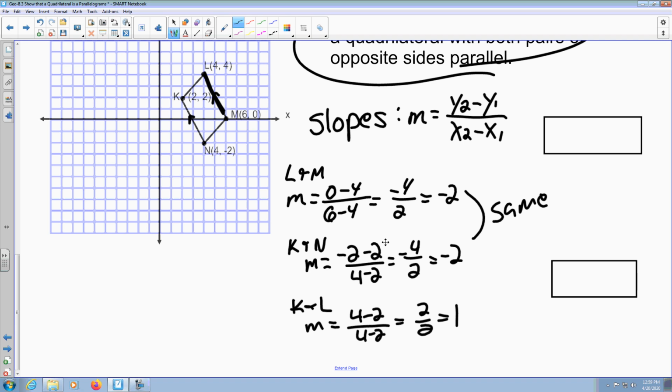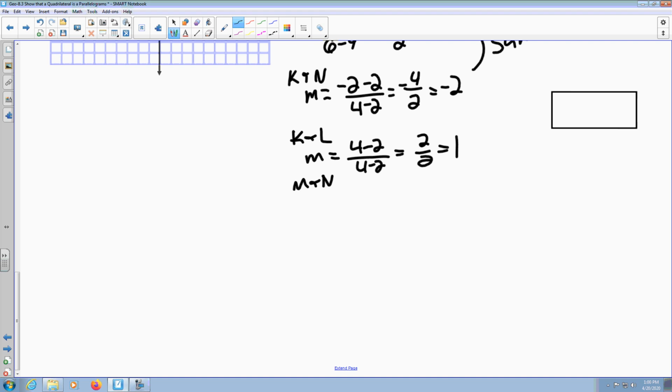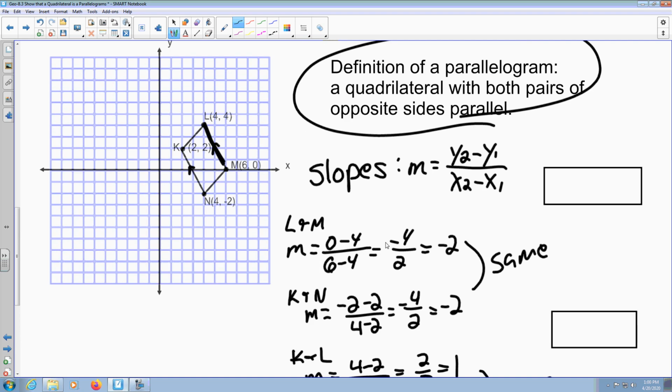And then the final one, we're going to look at M and N. I got 0 minus negative 2 over 6 minus 4, plus on this. So I get 2 over 2, which equals 1. These are the same. So by the definition, I have two sets of opposite parallel sides.